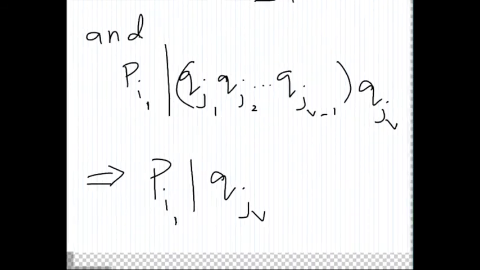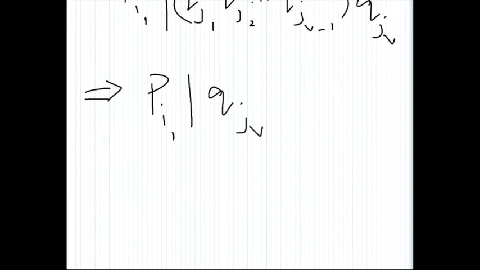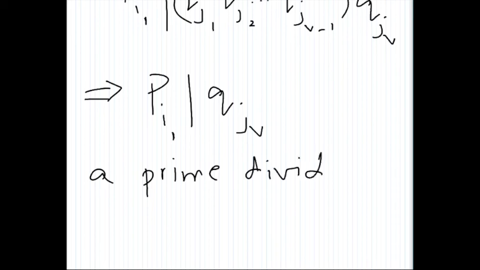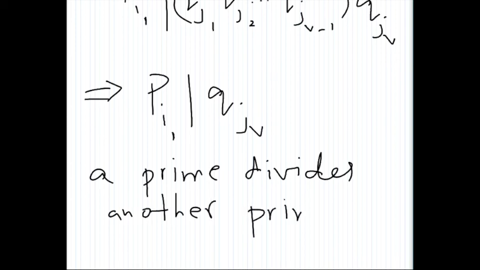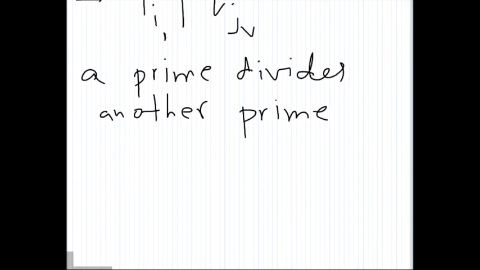But this is not possible because p_i1 is a prime and q_jv is a different prime. So a prime divides another prime, which is not possible.